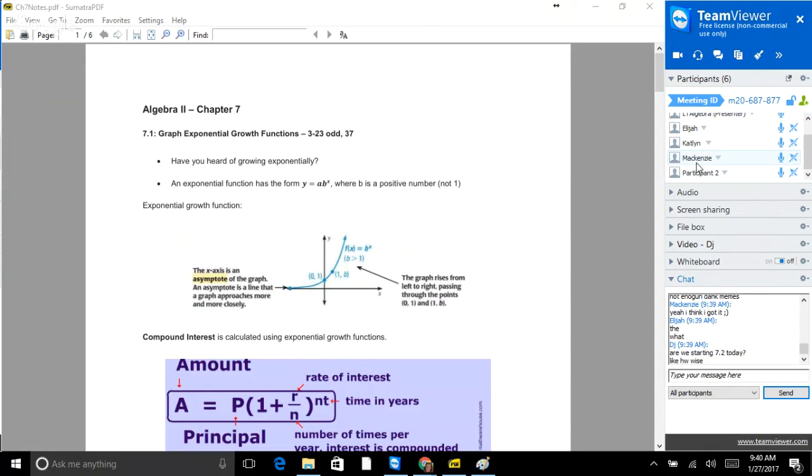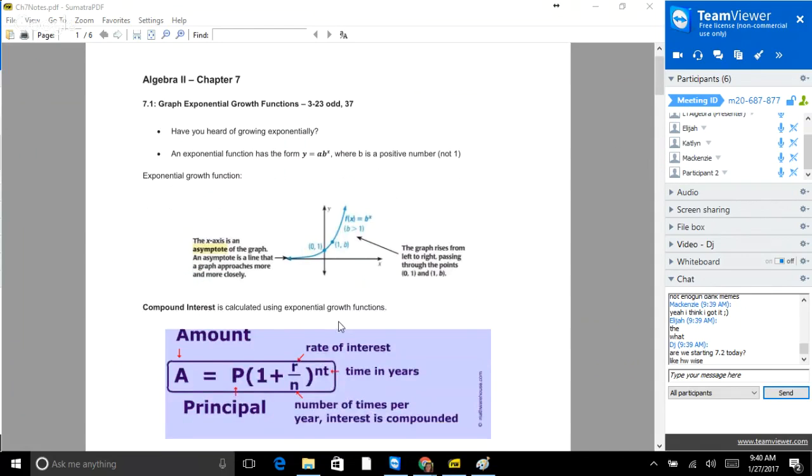Just graphing, because it's way easier to talk about graphing on the call. We're not going to go into compound interest today. We will go over it on Monday, homework wise. That'll be important for you guys to know as you grow up. And you might have done it in pre-algebra, Elijah.